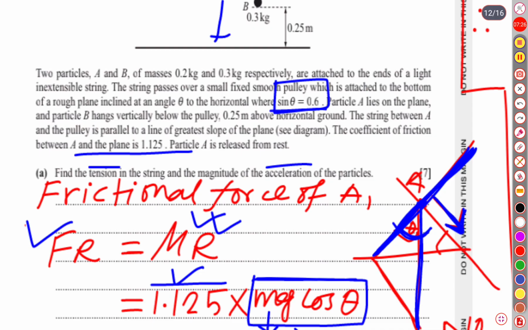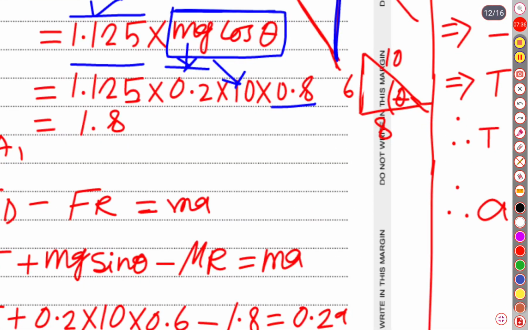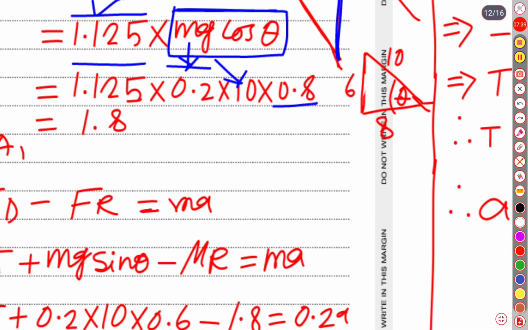So if sine theta is 0.6, sine theta is the ratio of the vertical line over the hypotenuse. I have shown it here through a figure. If this is theta, this is our angle, and they told us that sine theta is 0.6.